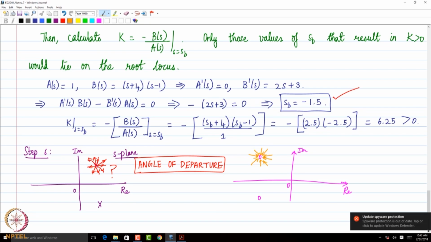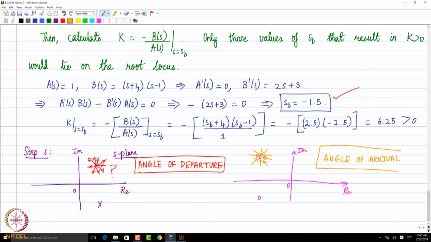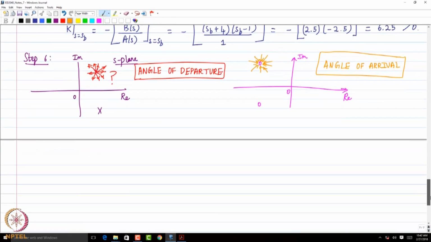Correct? Now the question is, at what angle does it arrive at this open loop zero? That's why it is called the angle of arrival at a complex open loop zero. Now the question becomes, how do we calculate this angle of departure and angle of arrival?